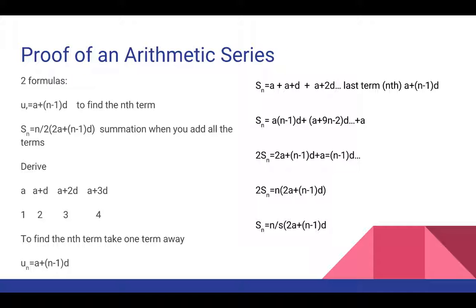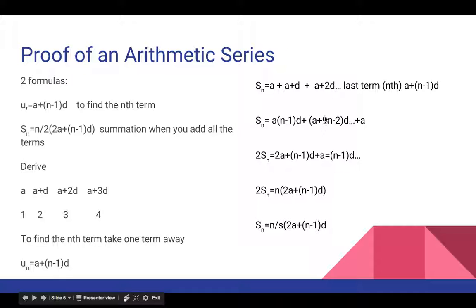Okay, so now that we know that, we're going to keep on going, and then we're going to add these two together, which is then equal to 2S of n is equal to 2A plus n minus 1 times D, and so on. So then we're going to keep on going and keep simplifying them, and so we're going to end up with our equation of an arithmetic series.